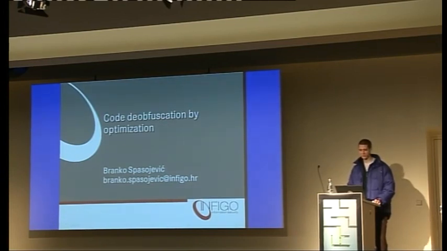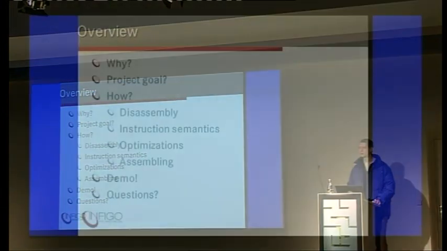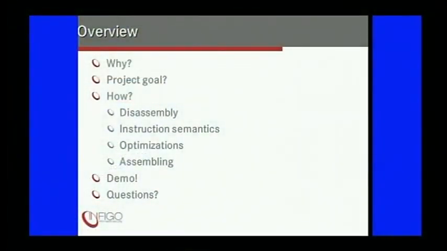Today's topic is code deobfuscation by optimization, and we'll do some fun stuff removing obfuscated code. This is a short overview. First I'll explain why I started this project and what I hope will become of it.